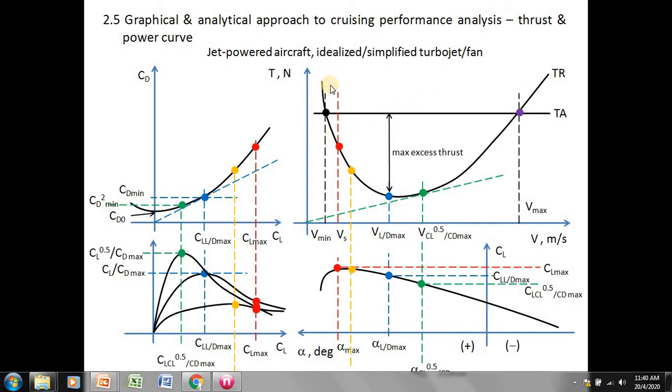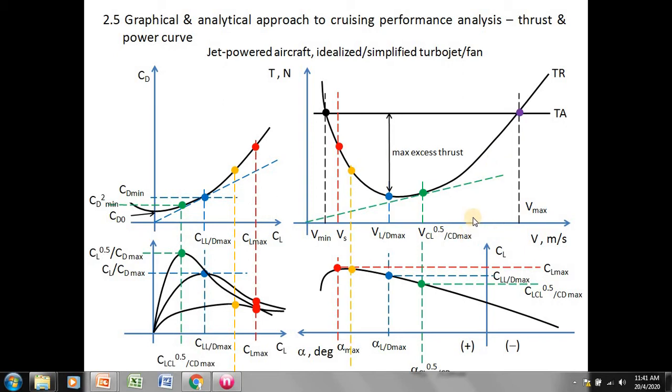If you look at this thrust required, or drag, it has this kind of curve, meaning that the required amount of thrust for you to fly steady and level at constant airspeed is this. For example, you need this much thrust if you were to fly at this airspeed.